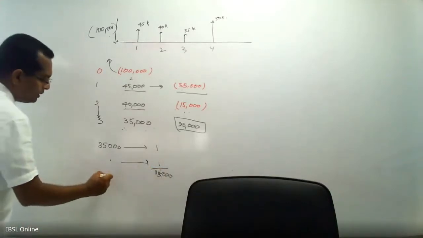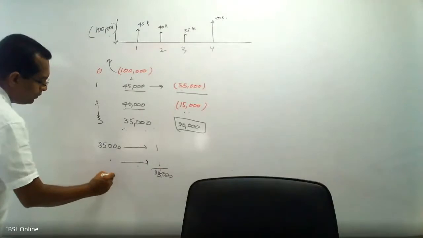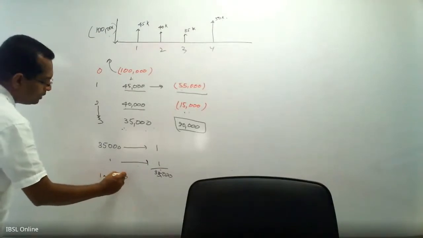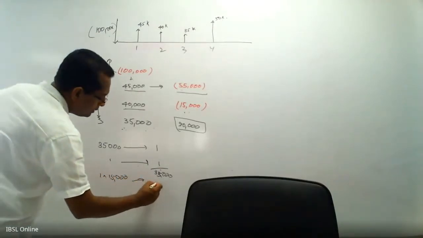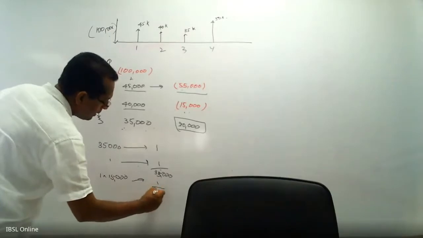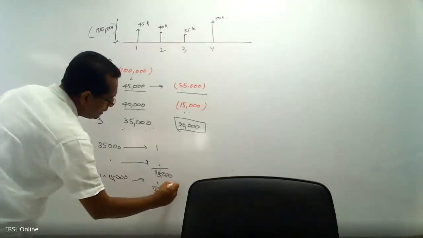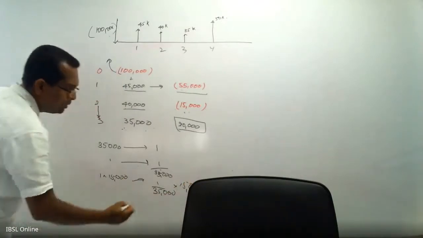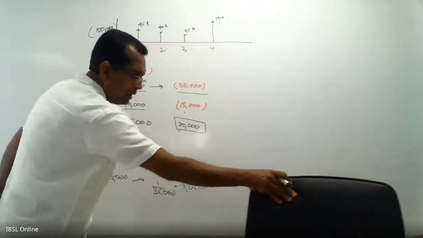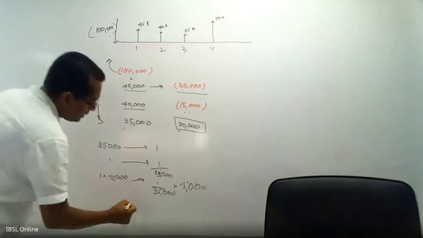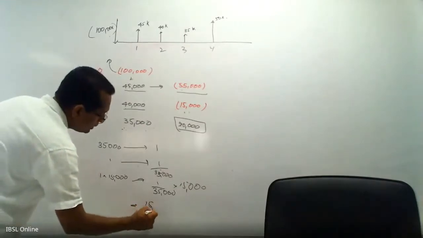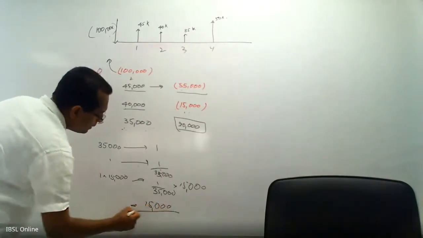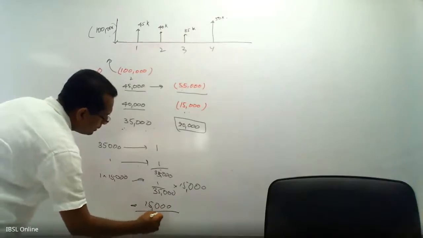You want 15,000. 1 into 15,000. This is 1 divided by 35,000 into 15,000, right? That is, you can easily write it as 15,000 divided by 35,000.